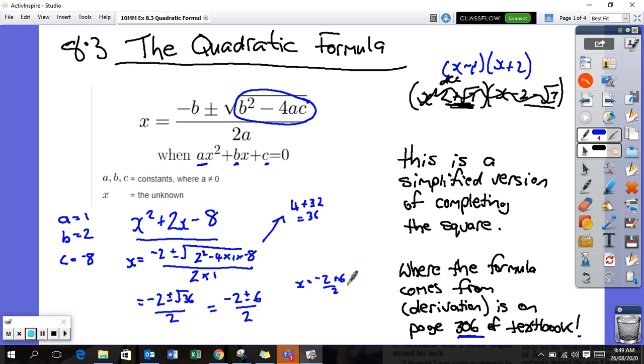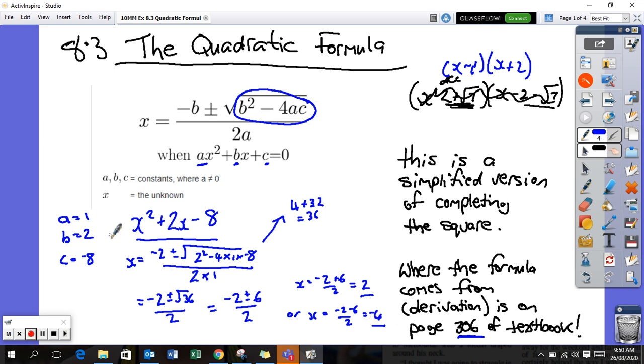That's 4 over 2. Negative 2 plus 6 is 4, divided by 2, x equals 2. Or x equals negative 2 minus 6 over 2. That's negative 8 over 2, which is negative 4. So there are two solutions for x, 2 and negative 4.